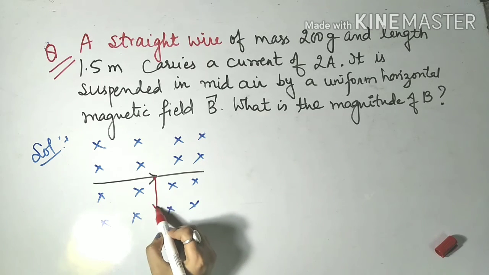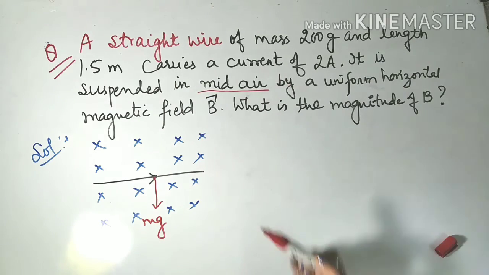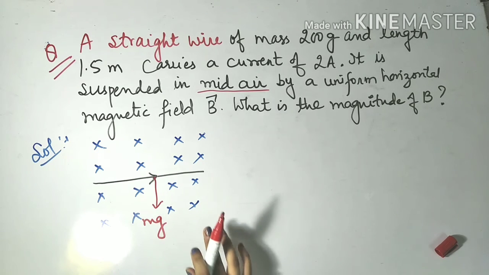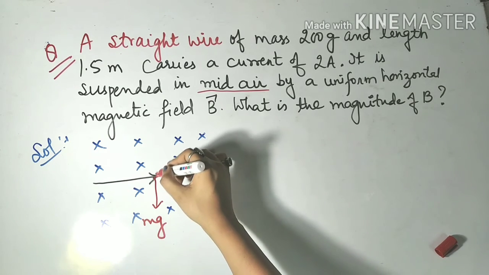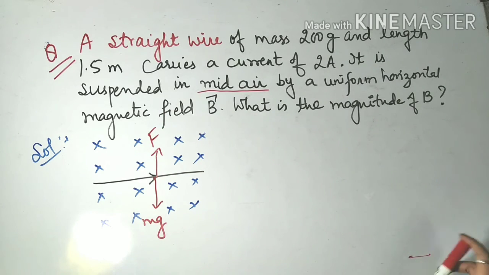One is mg. Why? Because it is suspended in mid air. हवा में रखा गया है. So mg will act downwards, and according to Fleming's left hand rule the magnetic force is going to act in the upwards direction. So these are basically the directions of the forces acting on this particular wire.